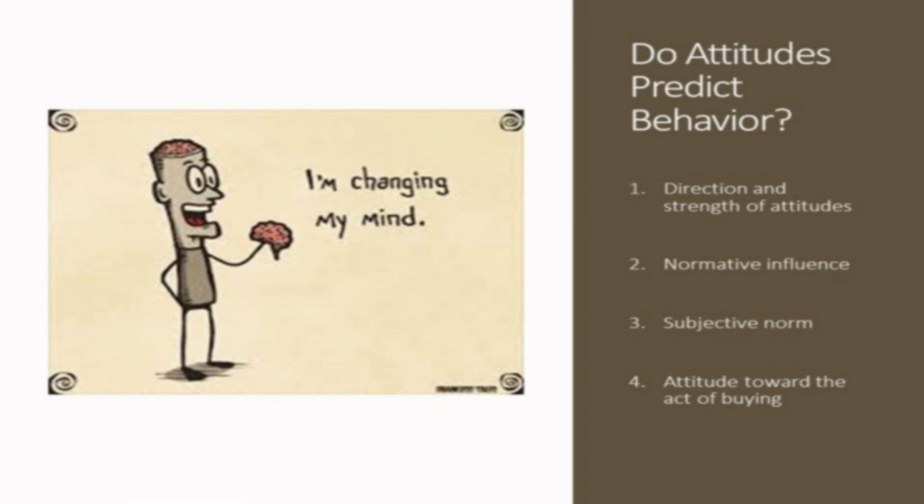And then we have the attitude toward the act of buying. All of these elements and steps are at play as a consumer makes a decision about playing a game, buying a game, or purchasing a console. What is my current attitude, and what is the context of my world around me as I'm making these decisions about myself, about how to connect?